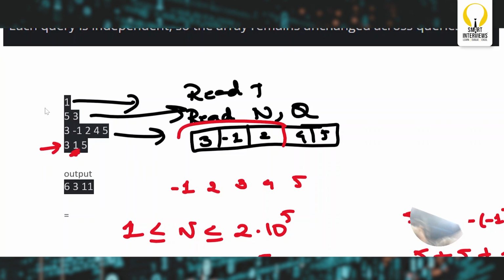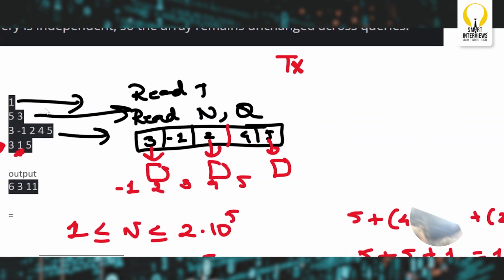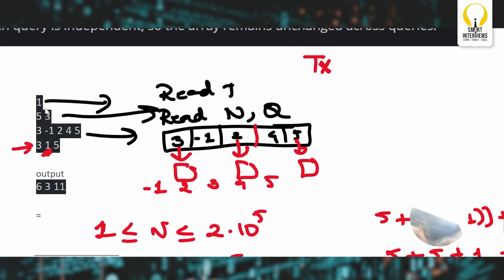The thing is, in here, regarding the queries and test cases size, what they have mentioned is that the size of the array can be from 1 to 10 power 5, and the size of the queries will be between 1 to 10 power 5. The value of each q of i will be between 1 to n.